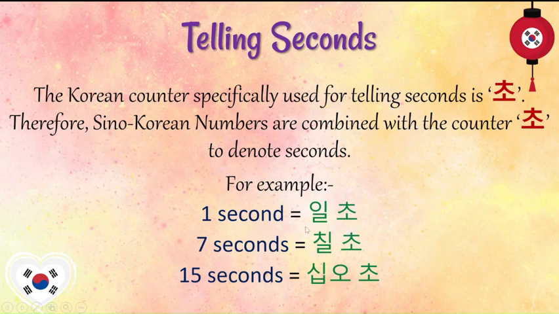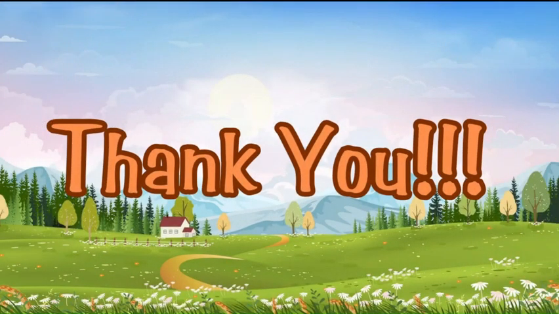So 1 second is 1초. 7 seconds, 7초. And 15 seconds, 15초. So this is how you talk about seconds in Korean. Okay, so this was all about time in Korean language.